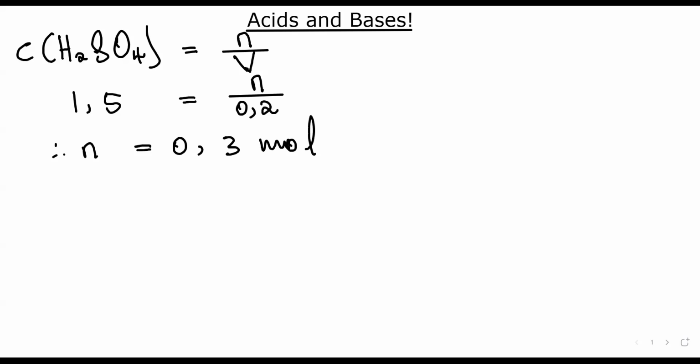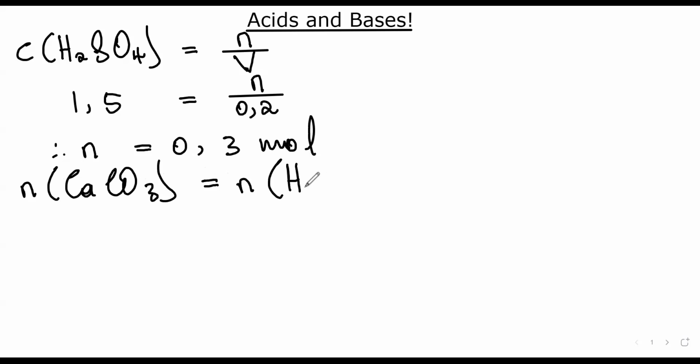And well, since we can see that the mole ratio is 1:1, then you can either say the number of moles of calcium carbonate is equal to the number of moles of sulfuric acid. You can say this and tell us that this is 0.3 moles.